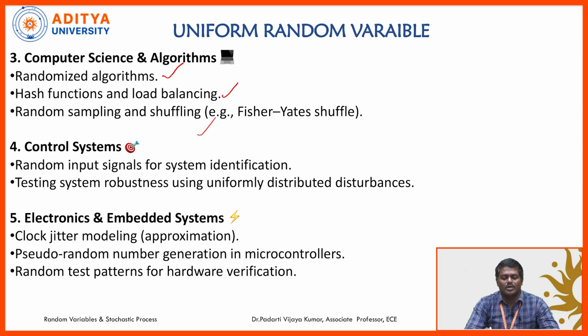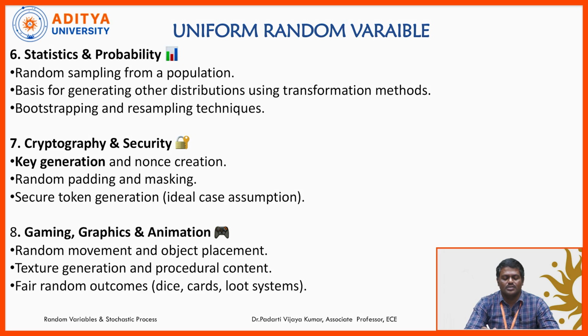In control systems, we use it for random input signals for system identification, and testing system robustness using uniform distribution disturbances, and in electronic and embedded systems. Like this, there are many applications: statistics, probability, cryptography and security key generation, and also gaming applications.